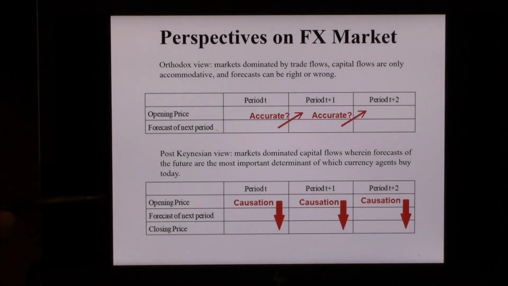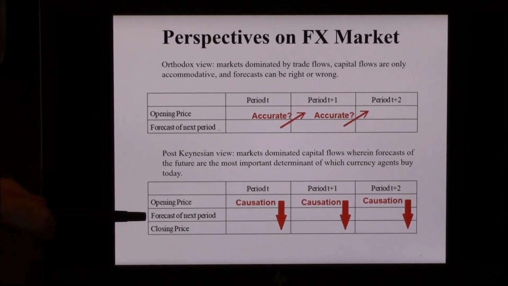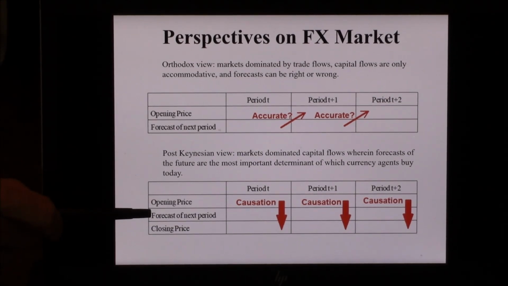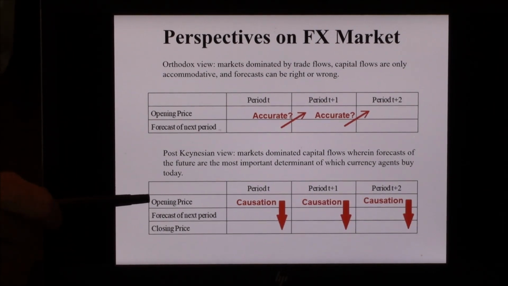So when we use forecast data here, what we're trying to see is, given the opening price, and then the forecast, not of period T, but of period T plus 1, because think about it. If during period T, you make a forecast of period T plus 1 that says you think the euro is going to appreciate, do you wait until period T plus 1 to buy the euro? Or do you buy the euro in period T?